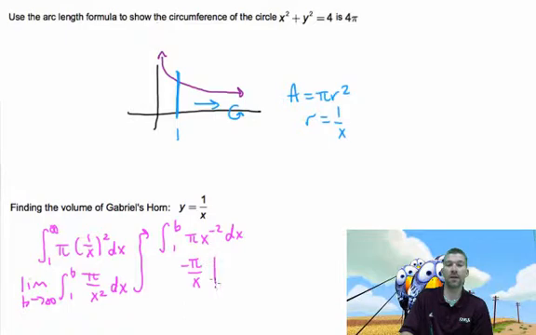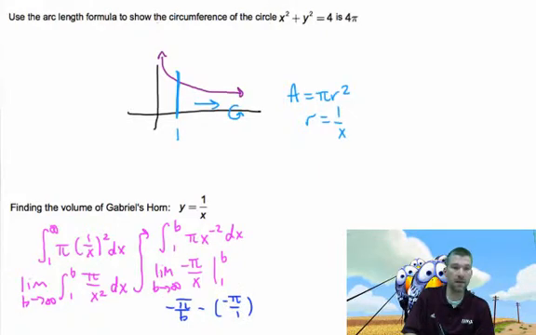And we're going to evaluate this from 1 to b, and we're going to take the limit as b goes to infinity. Okay? Stop minus start in this situation. So we're stopping at b. All right? So negative pi over b minus negative pi over 1. And as b goes to infinity, the pi never changes, and this guy goes to 0.